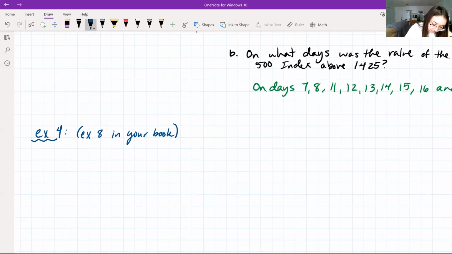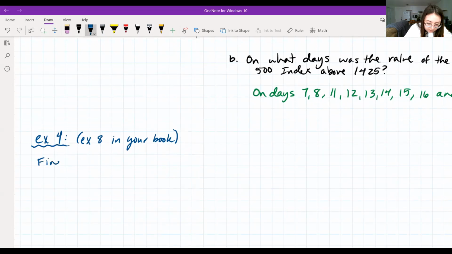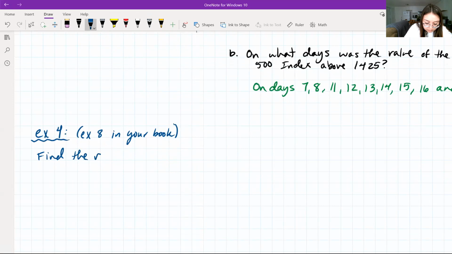So what this example wants us to do is find the roots of x cubed minus 5x plus 1 is equal to 0. In this case, we see that our y value is set to 0, so what we're looking for is our x coordinate.